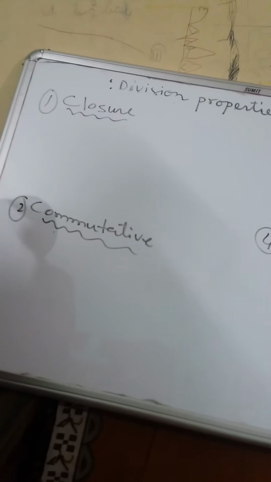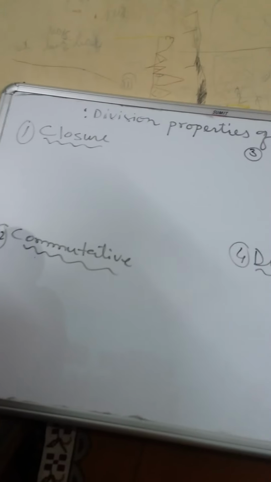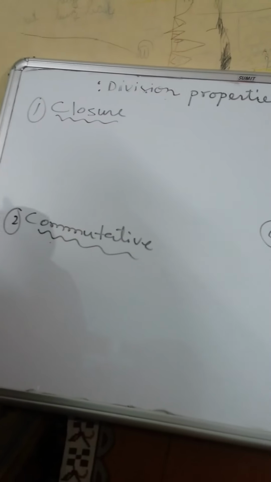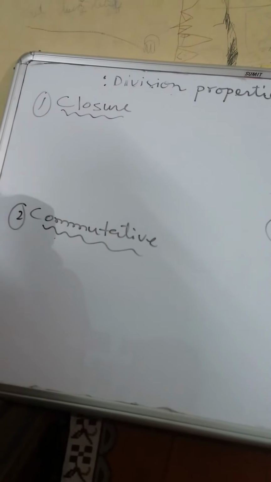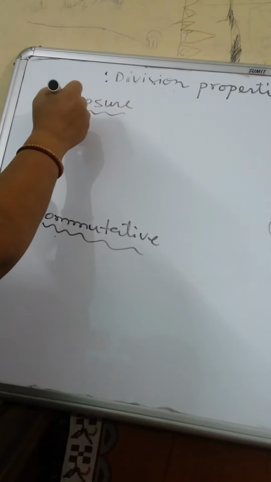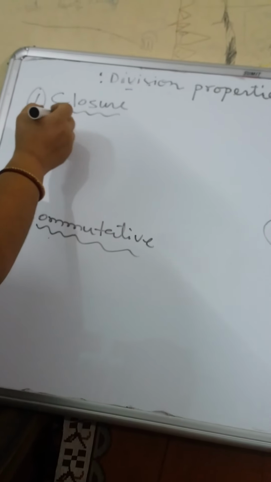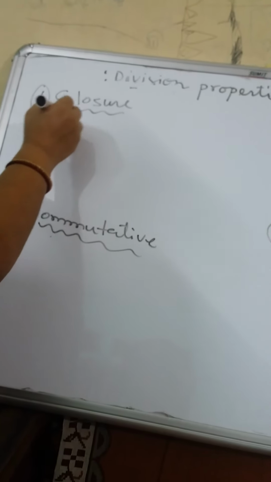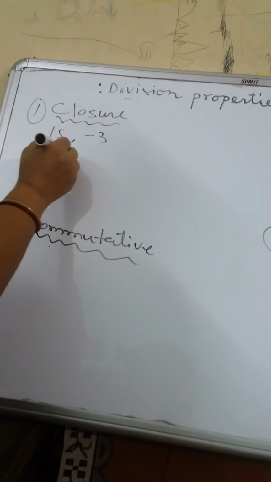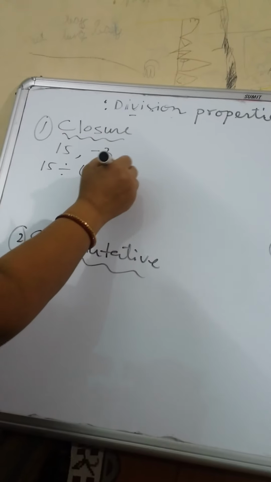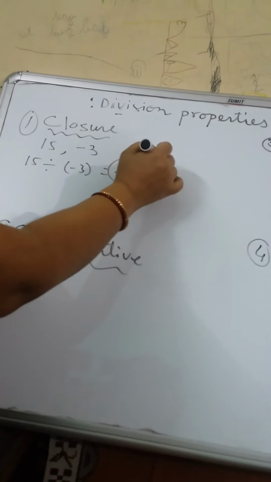If you remember, multiplication was closed for integers. Now if I consider division, say two integers 15 and -3. If I divide, I'll get -5, which is an integer.